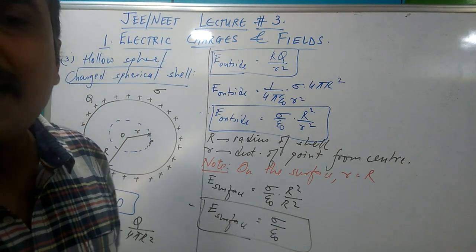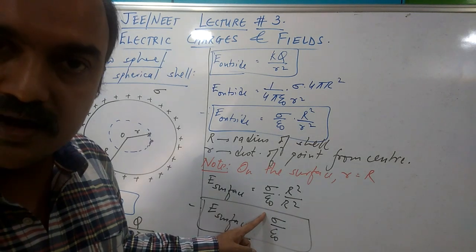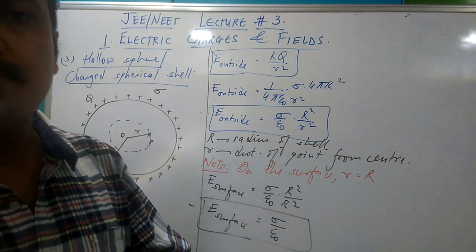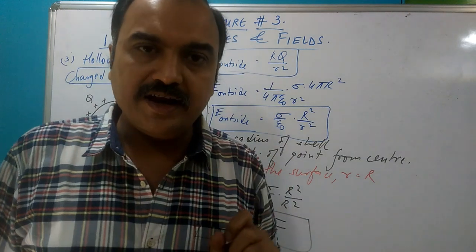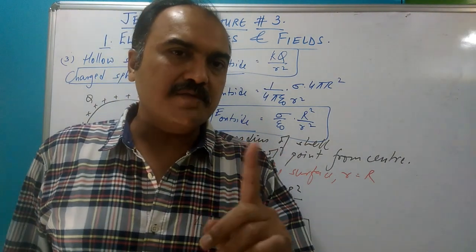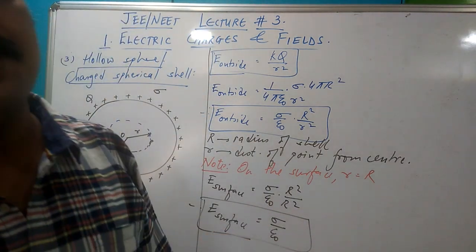Radius does not matter. So if both have the same surface charge density, then the electric field will also be the same irrespective of the radius. Though both have different radii but the same surface charge density, the electric field on the surface will be the same.